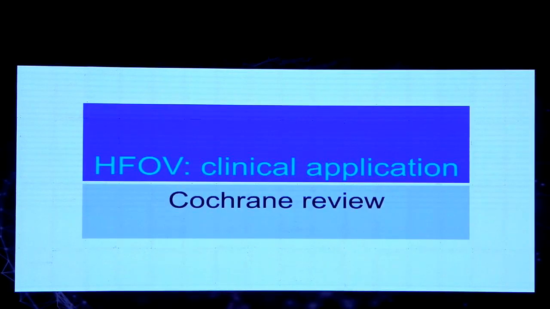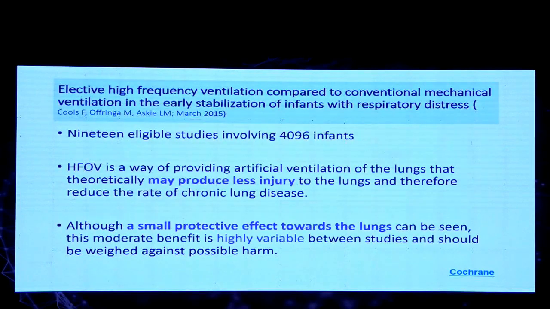So that's in theory, and let's see what the clinical studies have demonstrated with a Cochrane review on elective high-frequency ventilation compared to conventional ventilation in the early stabilization of infants with respiratory distress. In this meta-analysis Cochrane review, they accepted 19 eligible studies, about 4,000 infants.